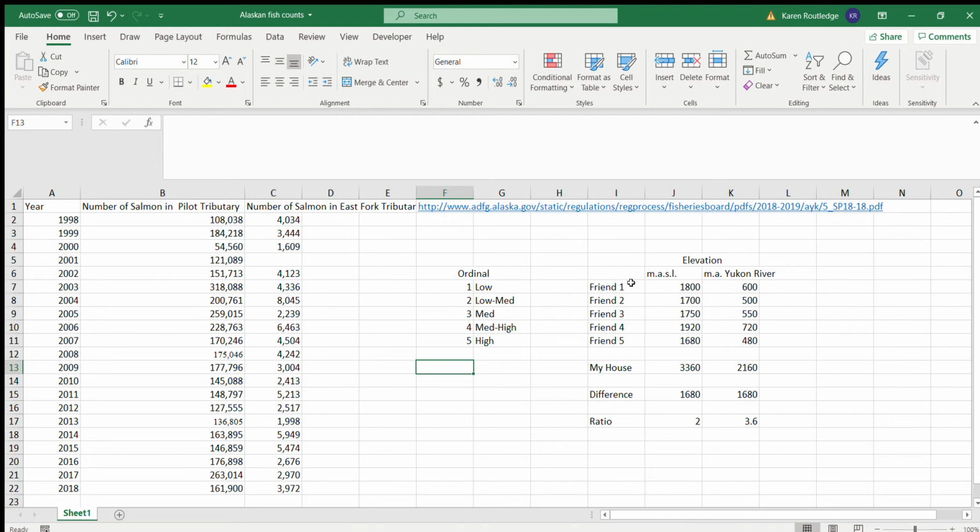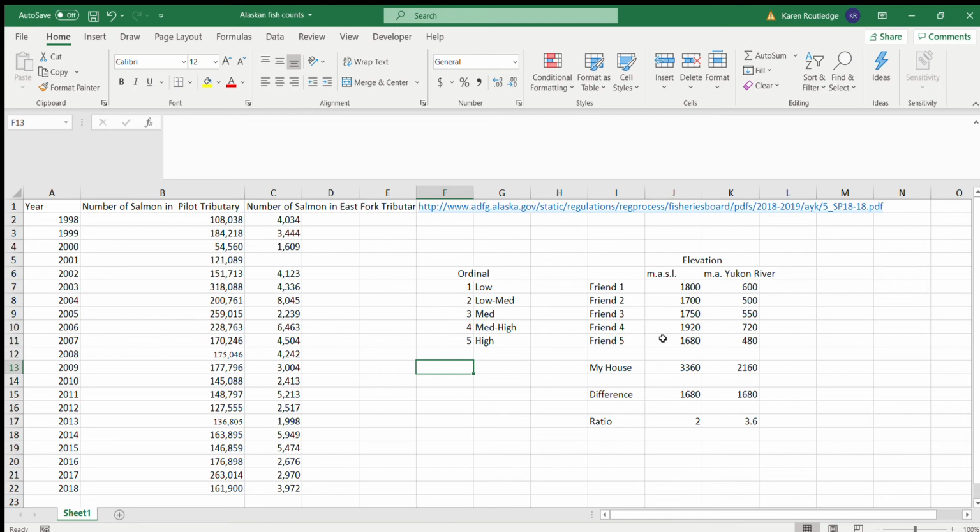And so the elevation of my 5 friends' houses, which I made up, I don't have 5 friends, is measured in meters from sea level. So 0, and friend number 1 is 1,800 meters above 0. Let's say that my house is 3,360 meters above sea level, and I want to somehow compare the elevation of my house to the elevation of friend number 5.